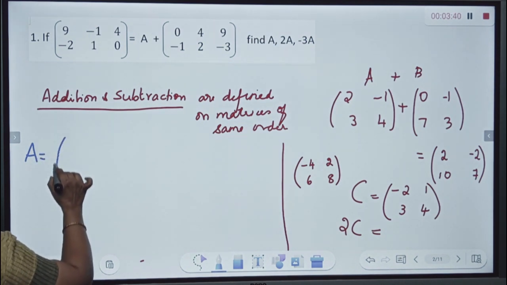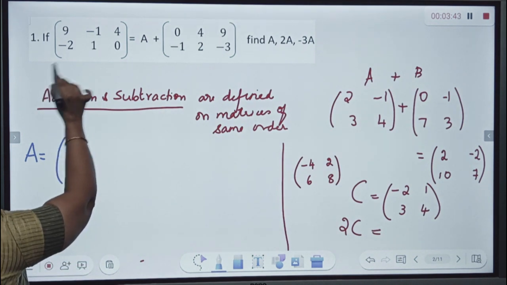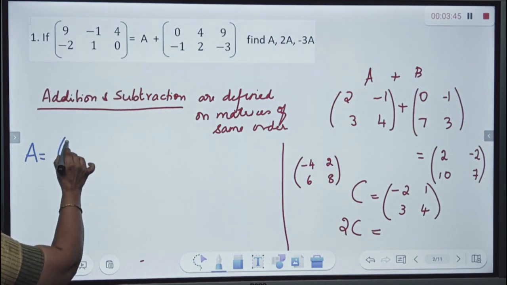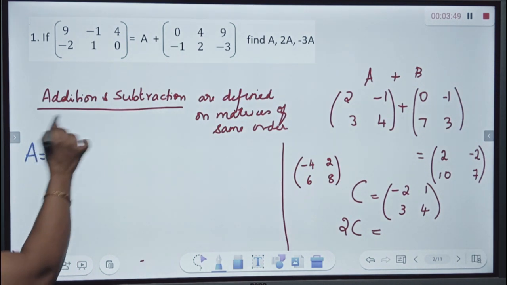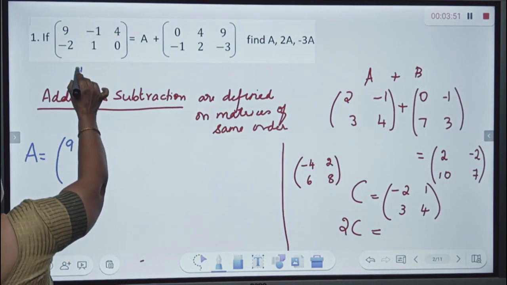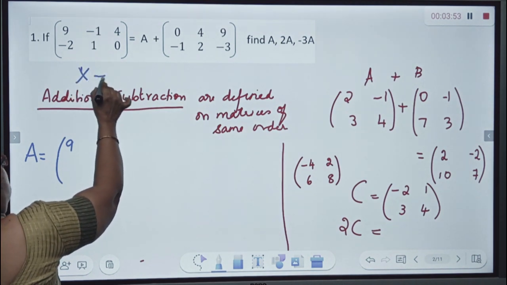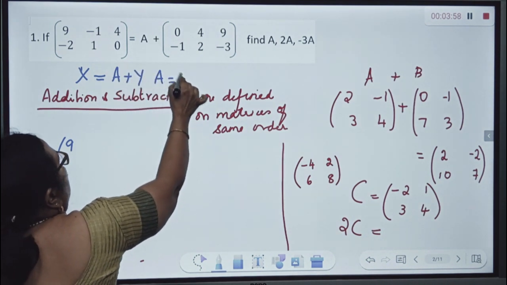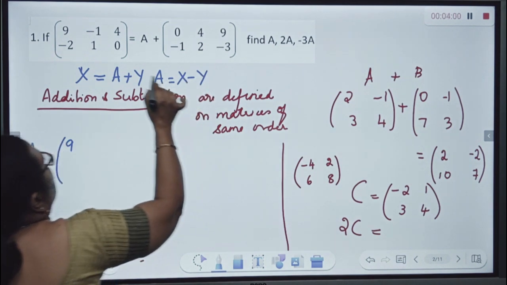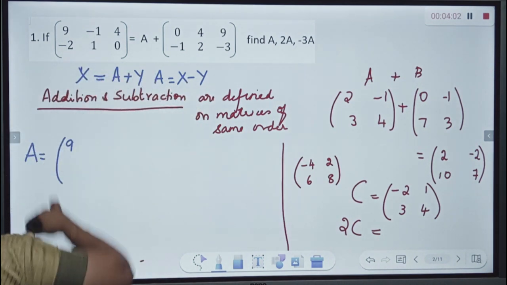Term by term I am subtracting. If I call this x equal to A plus y, then A equal to x minus y. This is my x and this is my y.